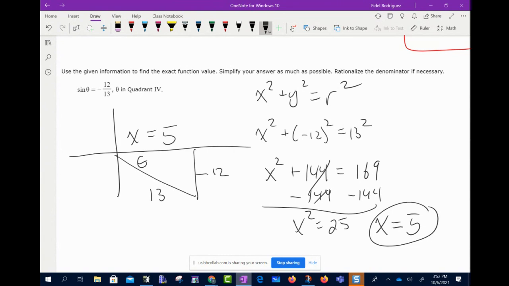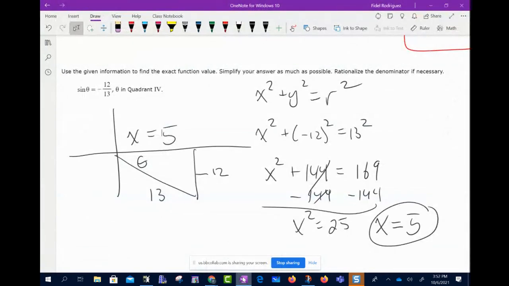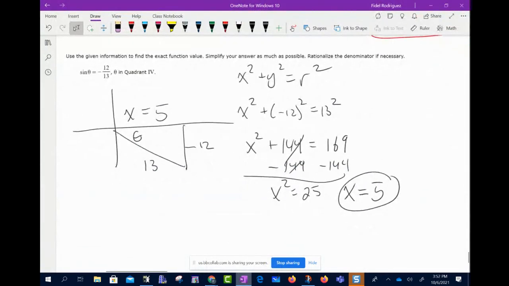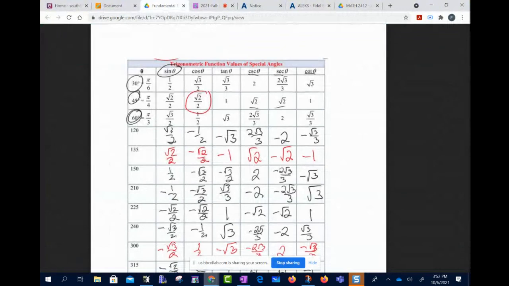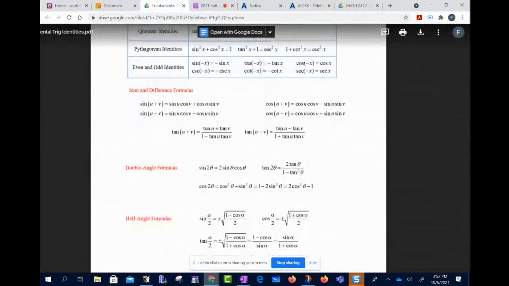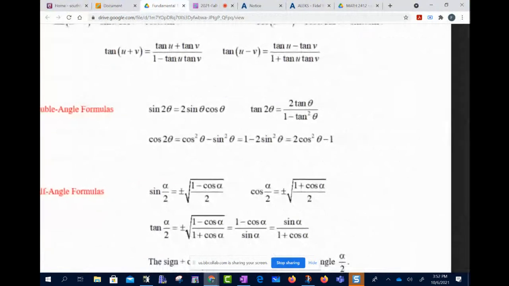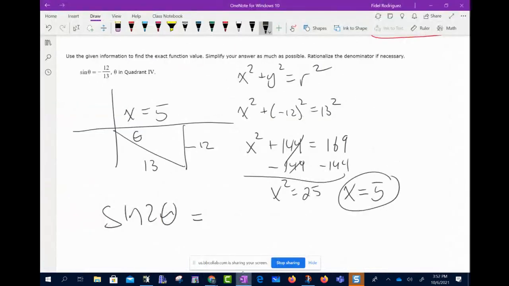Now look at what the question is asking us to do. The question is asking us to find the sine of 2 theta. Anybody remember the formula for the sine of 2 theta? Come back over here, scroll, scroll, scroll. Here's my double angle. There you go: 2 sine theta cosine theta.